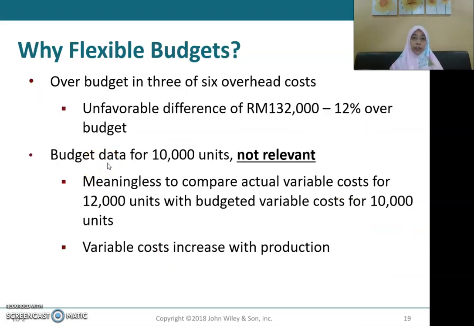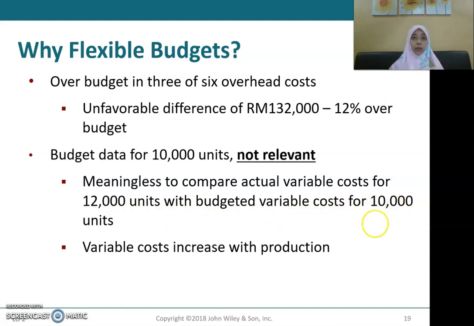when you investigate further, you find that the data you are given is for 10,000 units, and it is meaningless to compare the actual variable cost for 12,000 units with the budgeted variable cost for 10,000 units.